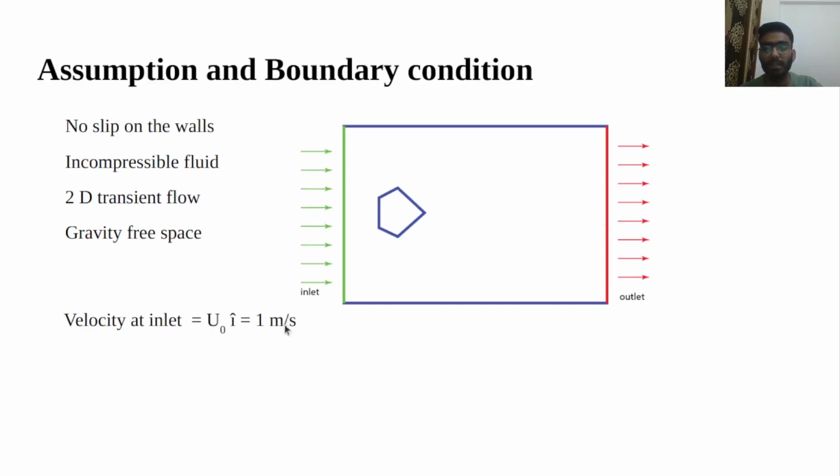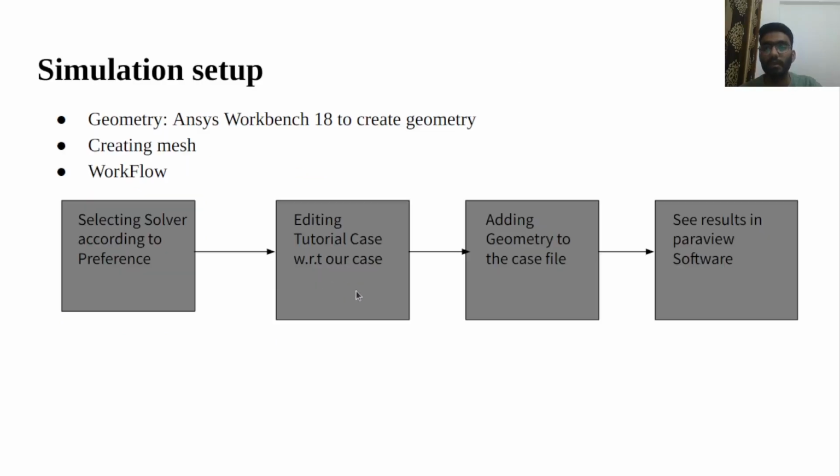We will change the inlet velocity for different Reynolds numbers and see how they affect the different parameters. So this is our simulation setup geometry.